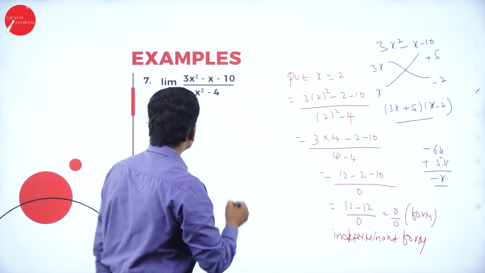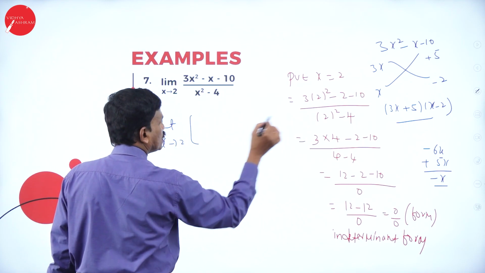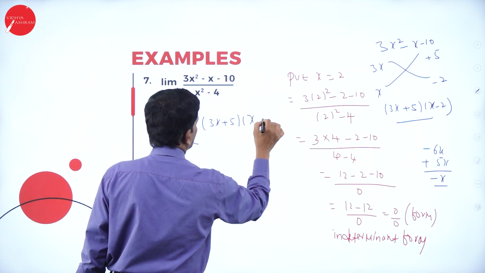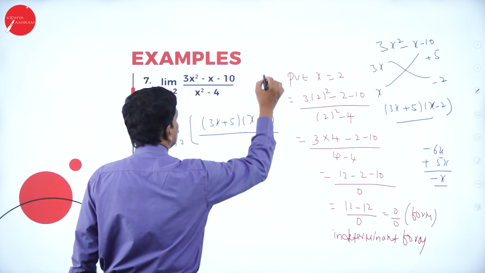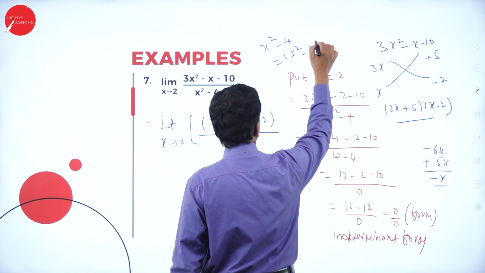Now substitute here. So this limit becomes limit x tends to 2 of, in the numerator, 3x plus 5 into x minus 2 divided by, the denominator is of the form x square minus 4, which can be written as x square minus 2 square.